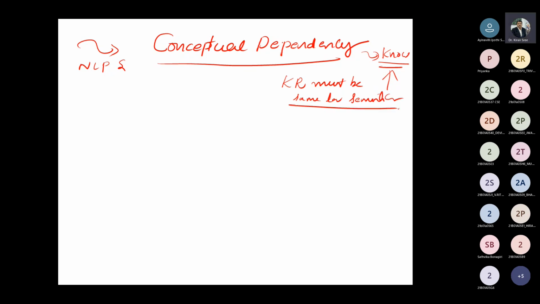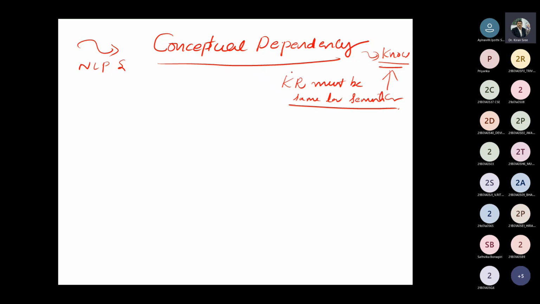You give a set of natural language processing statements to your system, you will get a knowledge representation. That must be same if the meaning is same, whether the statement is in Chinese or English. You say something like Rama is a boy; the meaning is same in Tamil or Telugu, so the knowledge representation has to be same.